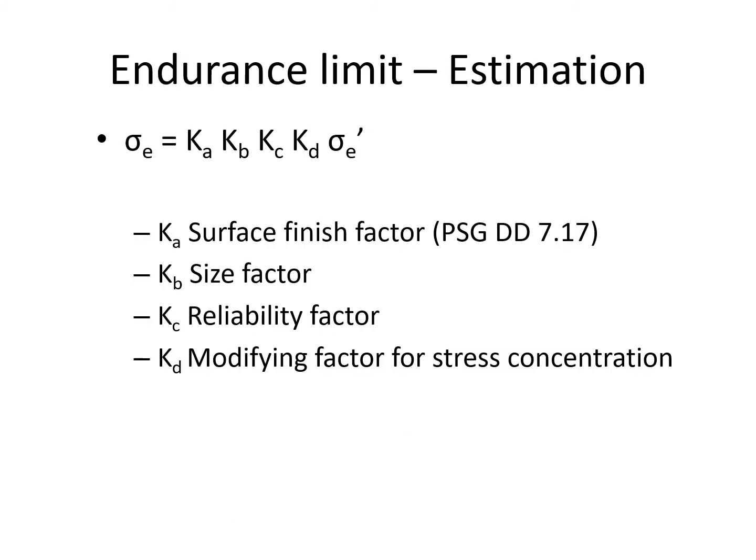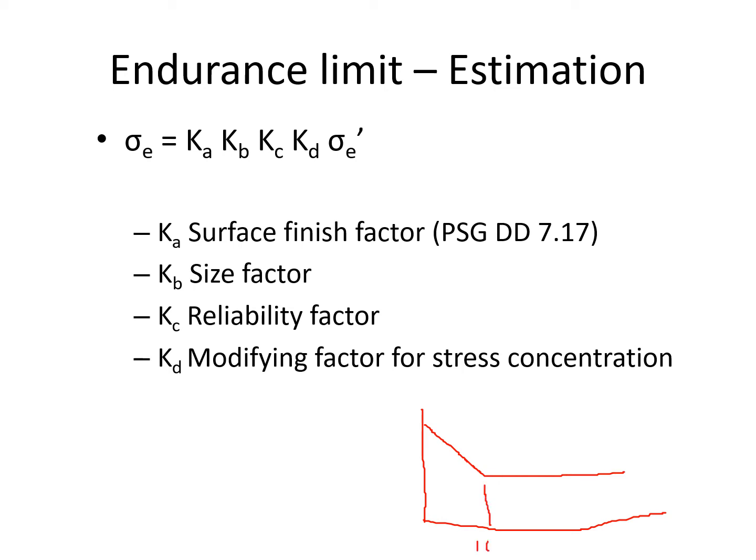Endurance limit estimation. A few slides before, we saw a graph showing stress versus number of cycles. This is stress, and on this axis, the number of cycles. This is 10 power 6.